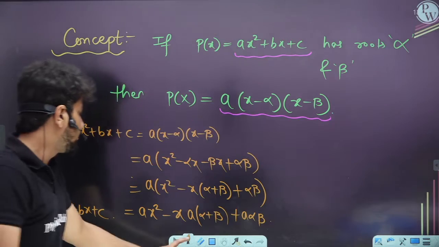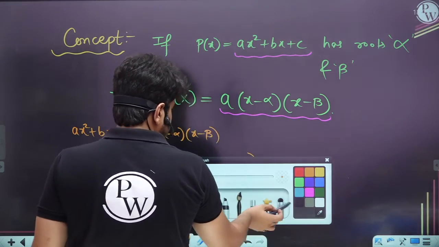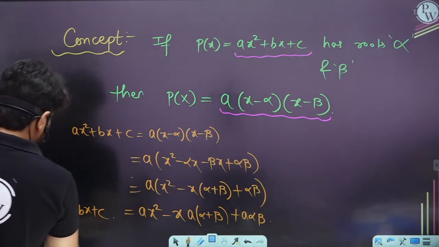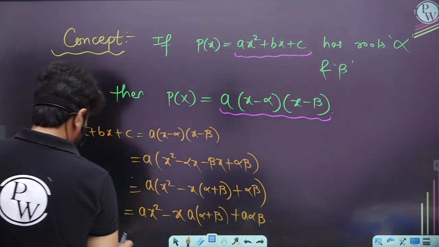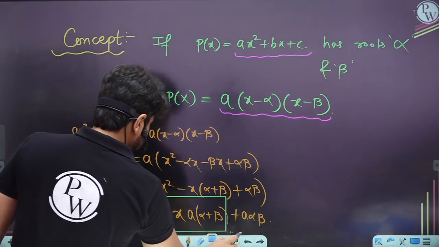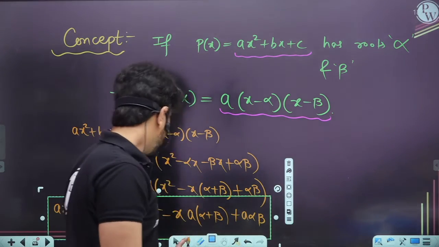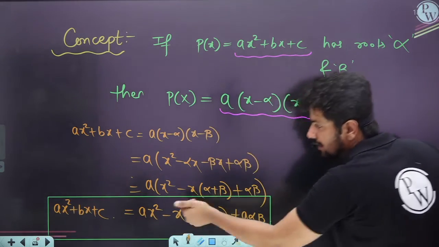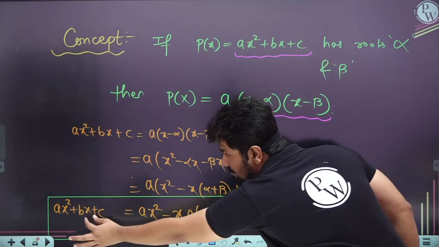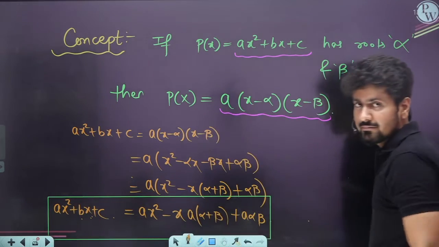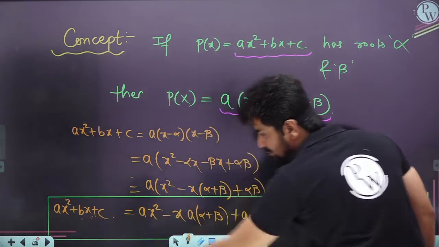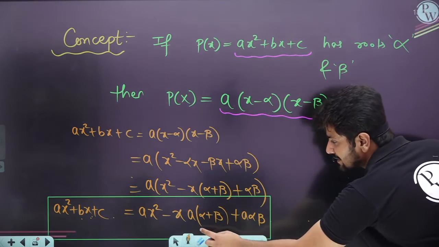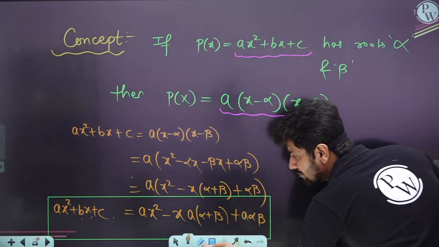If you now compare these two sides, this is a very, very interesting thing, guys. We have ax square here also. Here the coefficient of x is b, and the coefficient of x in the other is minus a times (alpha plus beta).